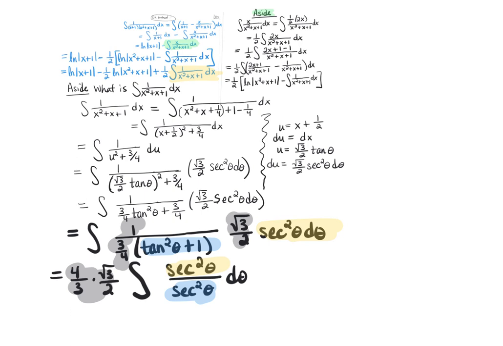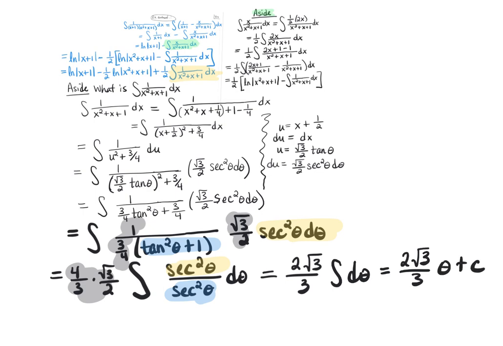Because this is equal to 2 times the square root of 3 over 3. That's simplifying the 4 and the 2. The 2 cancels here, leaving 2 here. So you have 2 square root of 3 over 3 times the integral of d theta, which we know is just theta. So this is really 2 square root of 3 over 3 theta plus c.